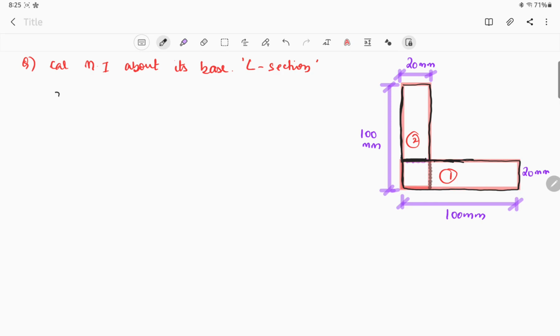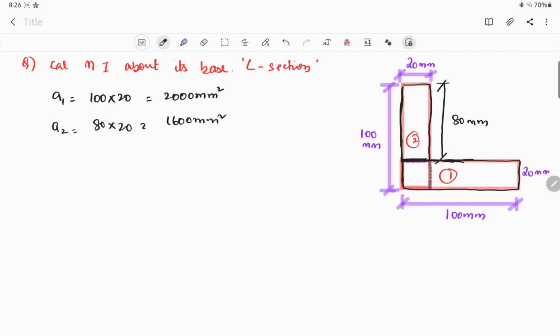So we'll calculate A1 again. What is A1 now? 100 into 20, which is equal to 2000 mm square. What about A2? A2 is nothing but this distance. Since the total distance is 100, if you remove this 20, you will get 80 mm. So 80 into 20, which is equal to 1600 mm square.